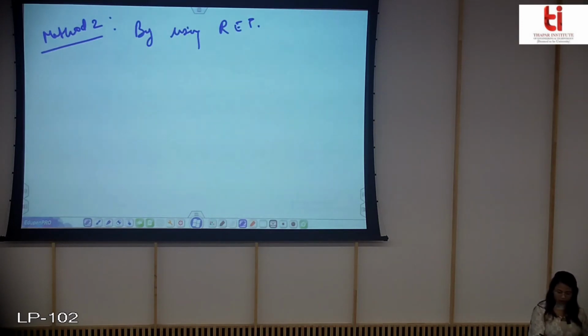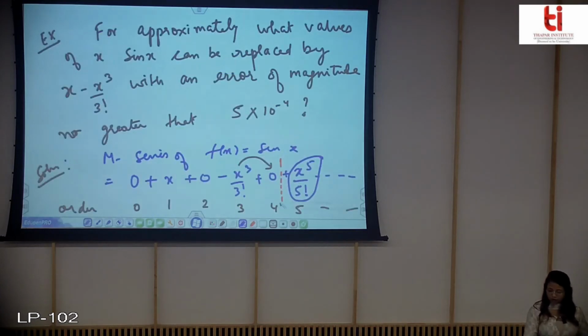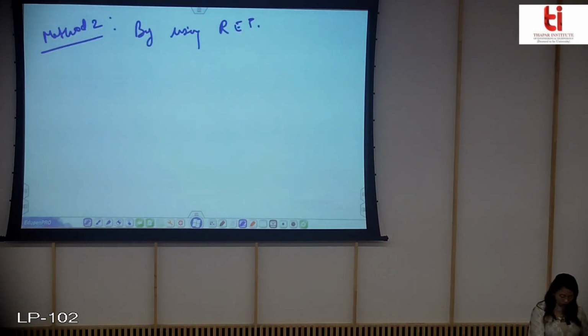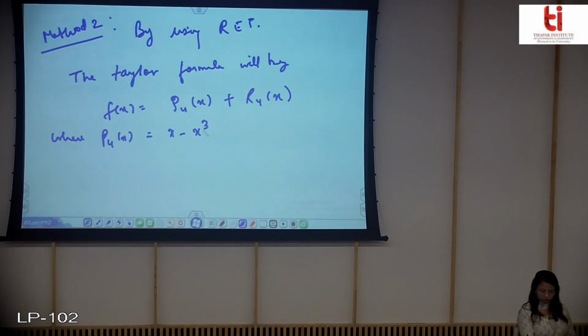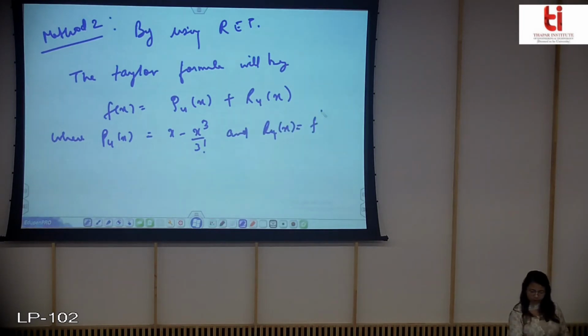Now you are already clear that we will use order 4 for writing the Taylor formula. So the Taylor formula, where P4x is equal to x minus x cube by 3 factorial plus R4x, and R4x is equal to F5c x to the power 5 by 5 factorial.